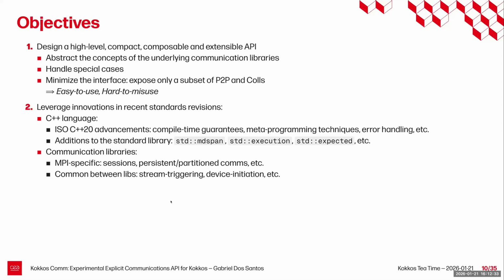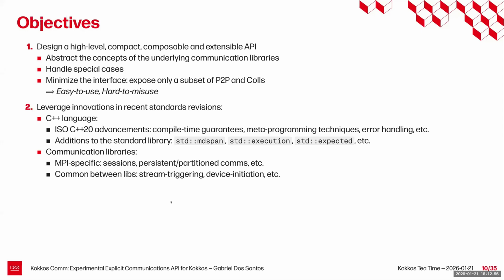So these are not necessarily in C++20. We have mdspan, which is more or less the standardization of Kokkos views. std::execution, which is coming in C++26 for asynchronous execution. std::expected, which is in C++23 and extended in C++26 for nicer error handling.